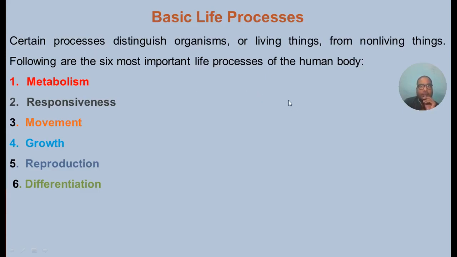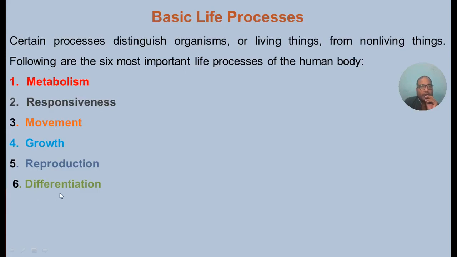So these are the following six most important life processes of the human body. First of all is the metabolism, responsiveness, movements, growth, reproduction, and last one is the differentiation.